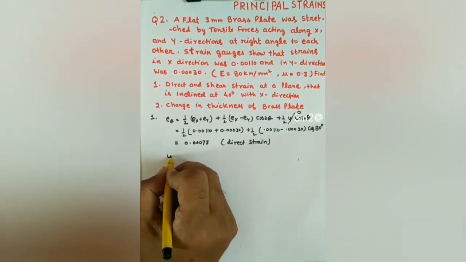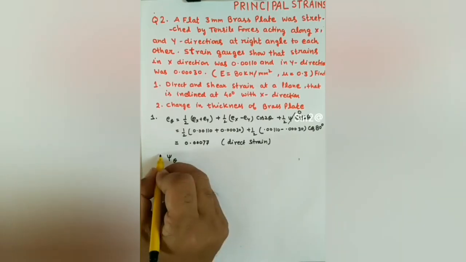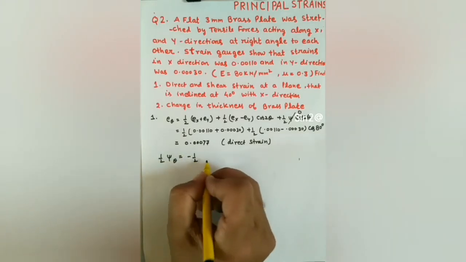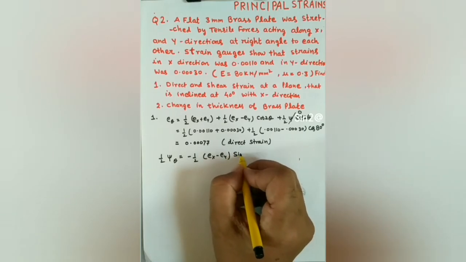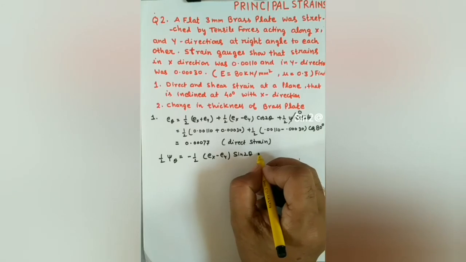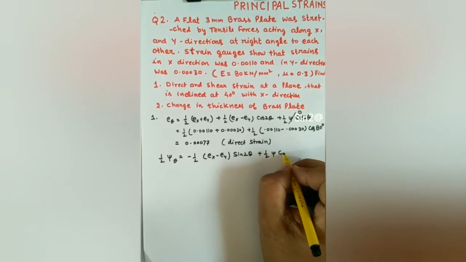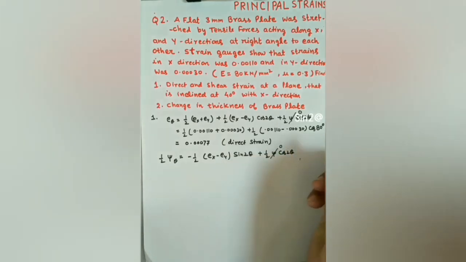Similarly, the shear strain at an inclined plane psi theta is given such that 1 by 2 psi theta is equal to minus 1 by 2 (ex minus ey) sine of 2 theta, where theta is the angle of inclination, plus 1 by 2 psi cos 2 theta. Again, the shear strain is absent, so this term is 0.